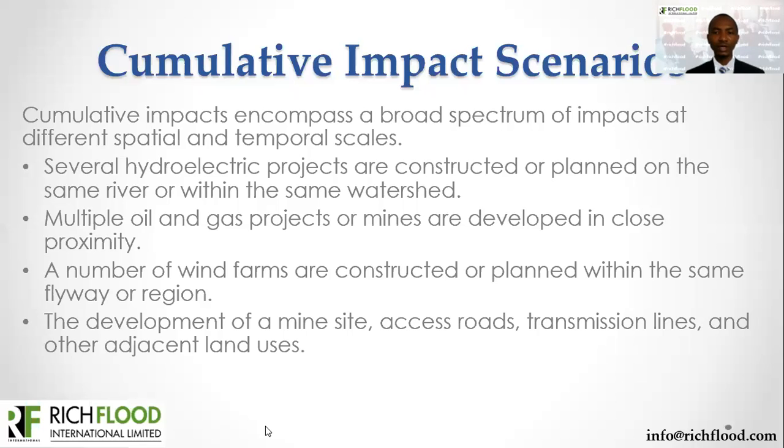That means the impacts resulting from projects occur at different scales: in terms of area of coverage, it could be a small area or a wide area, and temporal in the sense that it has to do with timing. This impact occurs at different times, considering the seasonal effects of the project on the environment.